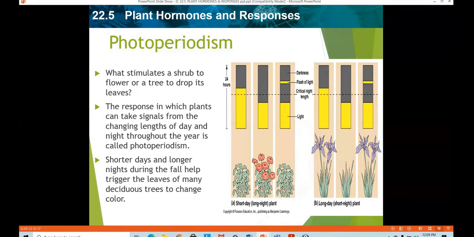Then we spoke about photoperiodism, the response in which plants take signals from the changing lengths of day and night throughout the year. This is how the leaves fall off the trees during the fall, and also how shrubs grow flowers.